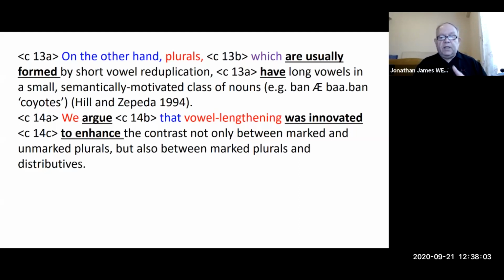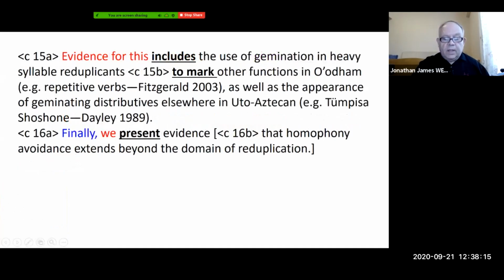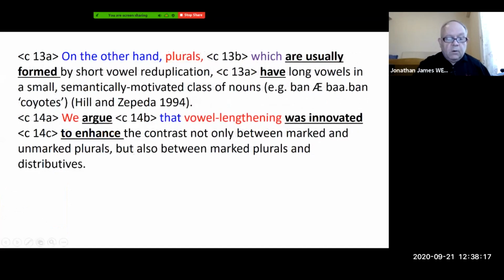Now, notice something here. 13A continues. Sorry, I want to get the highlighter here. 13A, you notice, is here, and it's here.